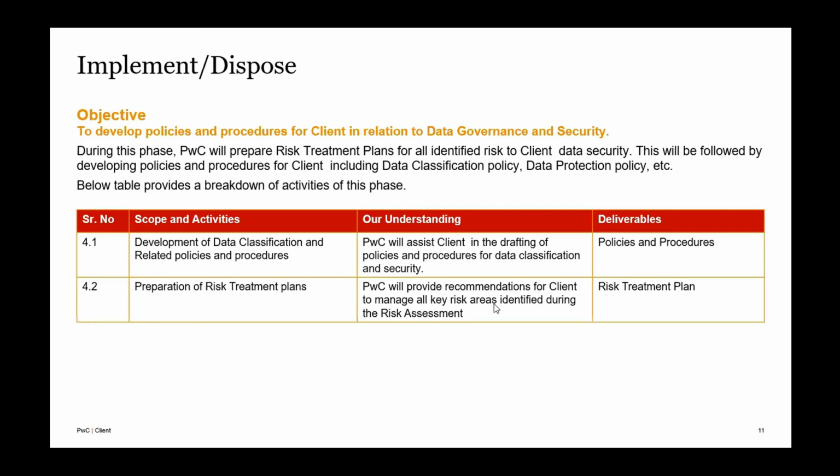And then preparation of risk template plans, and we would carry out the risk template, and this is a living document that will be given to the customer, and each and every time they have to make sure there have been updates to it, because if a new system or new process comes into the organization, it needs to be taken in, and they have to go through the same cycle, like identifying the data, then controls and the risk assessment as well.